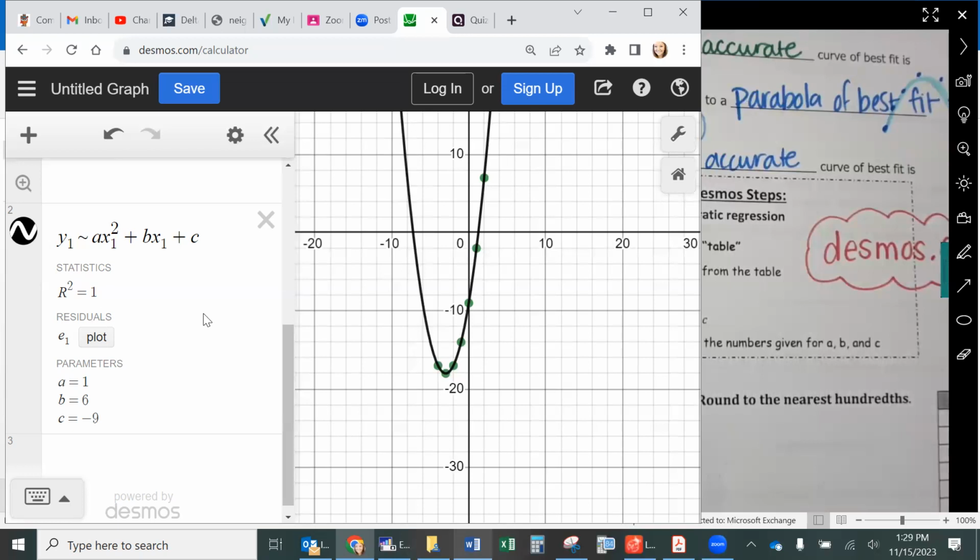Here's the fraction part. So put the 1 first, then do shift 6 to go into your exponent, and then put your 2 there. There you go. It's a little different, but if you think it's easy, I'll show you on it.